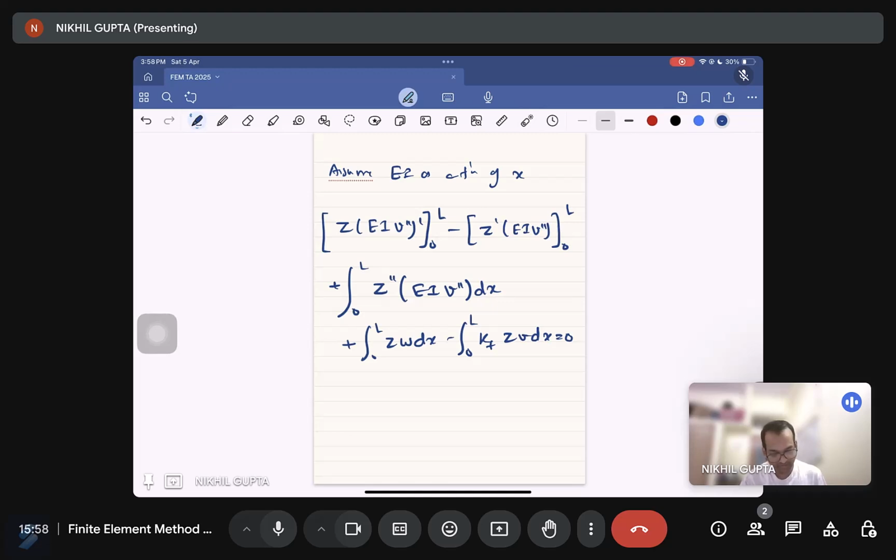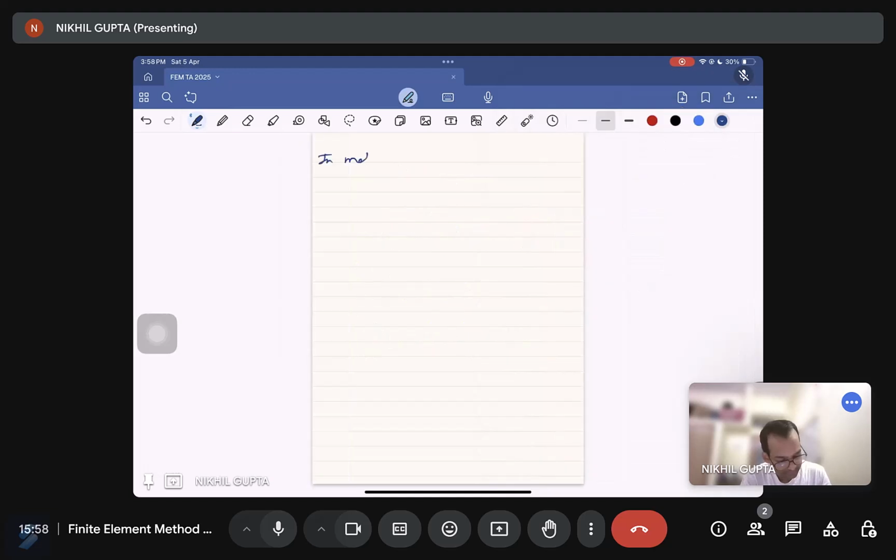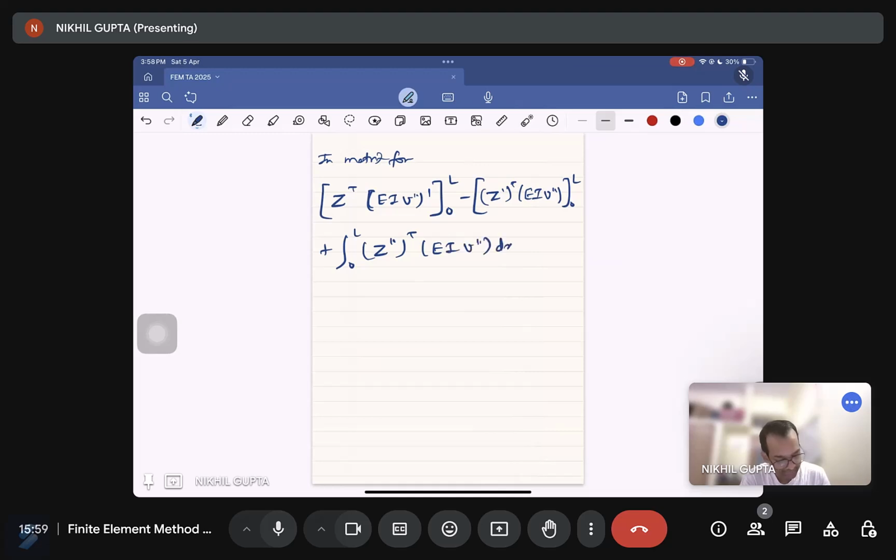So let's write it in matrix form. Then we have to write it as z transpose EI v''' from 0 to L, minus z' transpose EI v'' from 0 to L, plus the integral from 0 to L of z'' transpose EI v'' dx, plus the integral from 0 to L of z transpose w dx, minus the integral from 0 to L of kf z transpose v dx equals 0.